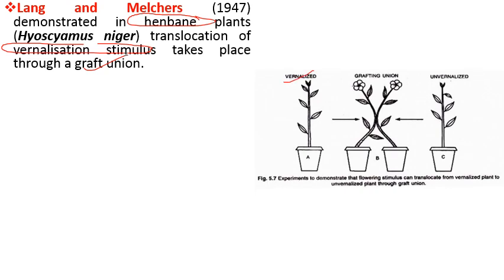For example, this is a vernalized plant. If it is grafted with the plant which is not vernalized, then this stimulus of vernalization gets translocated through this graft union to the unvernalized plant, and it will induce flowering in it. Otherwise the unvernalized plant will not show flowering.